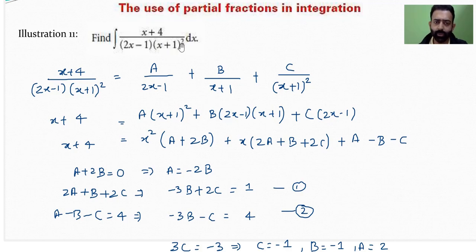In type a there was no square, so you won't have any formula for tan inverse. Similarly, in type c also you won't get any x square term, right? So it is only type b where you get x square plus a square term, in which you have to use the tan inverse formula, right? So that's all as far as using the partial fraction in integration is concerned.